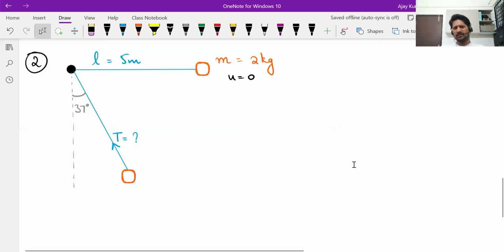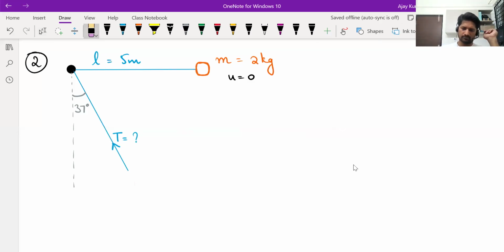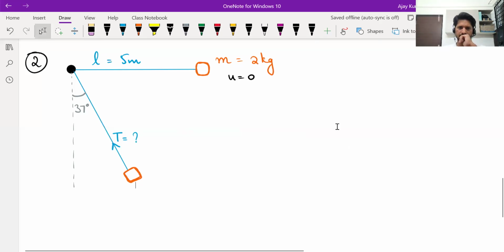Can any of you tell me an idea how can tension be derived? So tension equal to mg cos theta. So you are saying tension will balance the weight component in the radially outward direction.